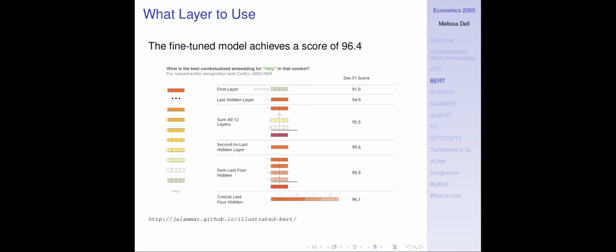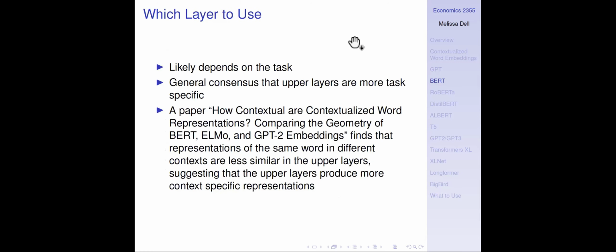And one of the advantages of just fine tuning is that then you don't worry about that. You're just doing things end to end and that will give you the results. But if you want to plug these into some other kind of model that you have, and you don't want to fine tune the whole thing, you're going to have to make this decision, and which layer to use likely depends on the task.